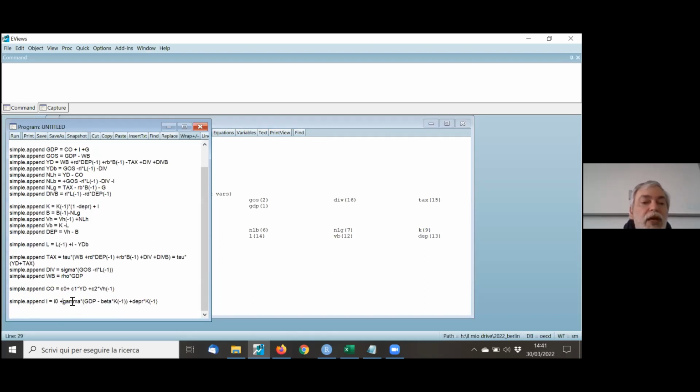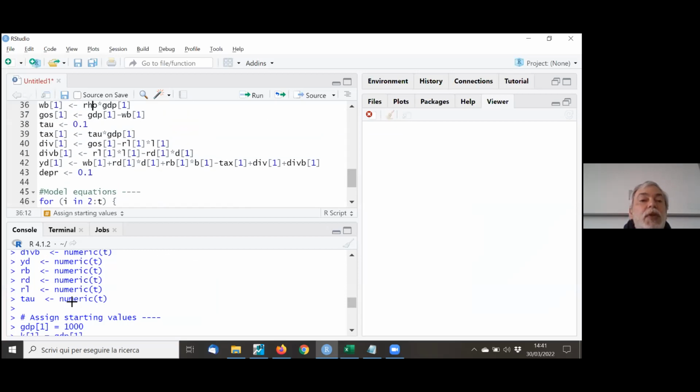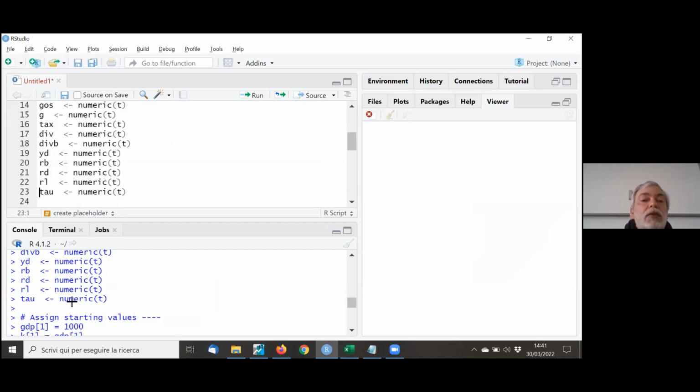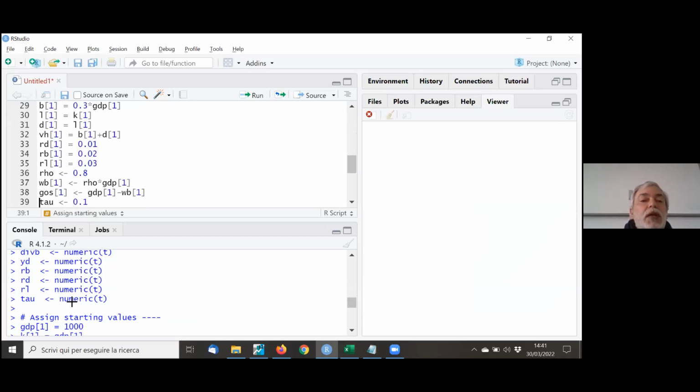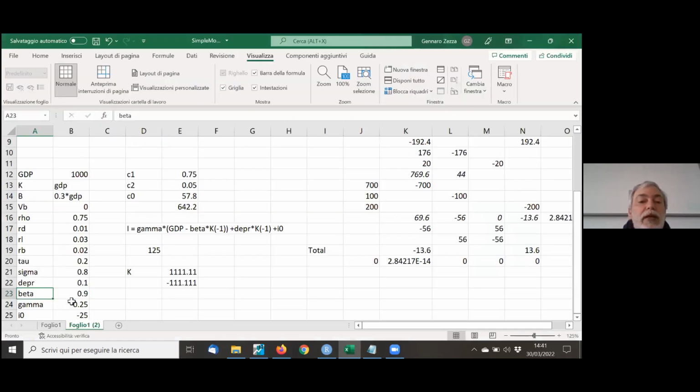We relied on additional parameters, so we need to specify them somewhere. I think that I0 should be specified as a numeric, and I0 was minus 25, if I remember correctly.